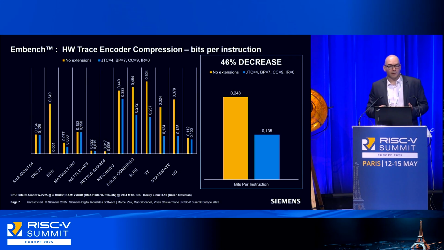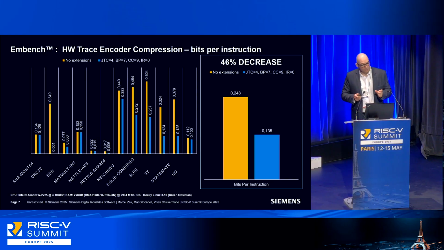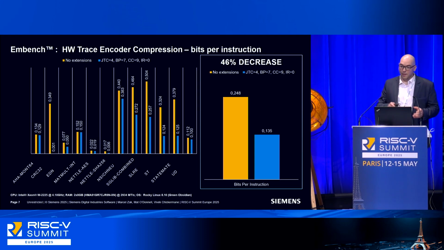The hardware encoder provides an impressive compression ratio of up to 700 times just with the mandatory features. The optional extensions give a further boost to the compression. This chart compares encoding efficiency across a subset of Embench tests measured in bits per instruction. Okay, but what does bits per instruction actually mean?